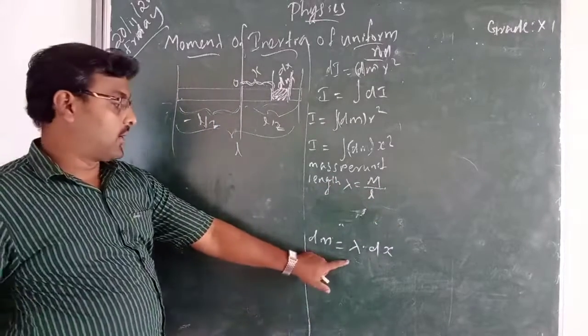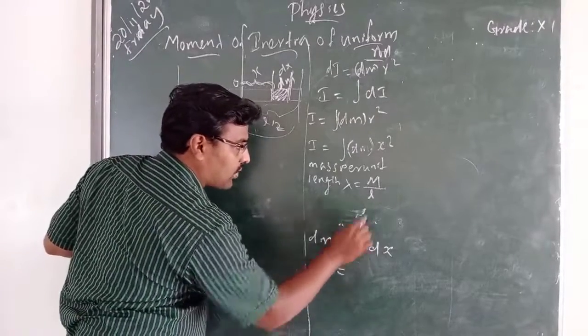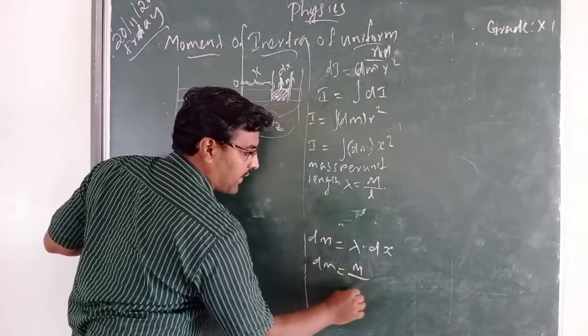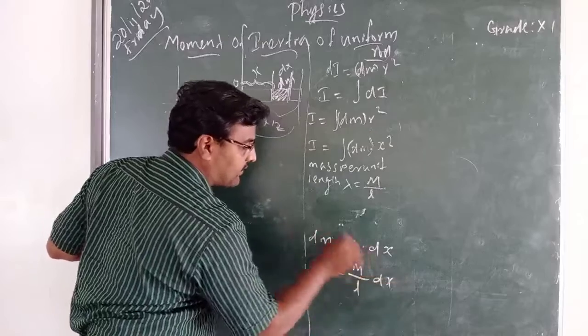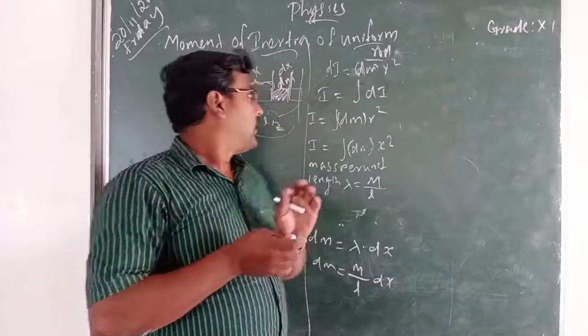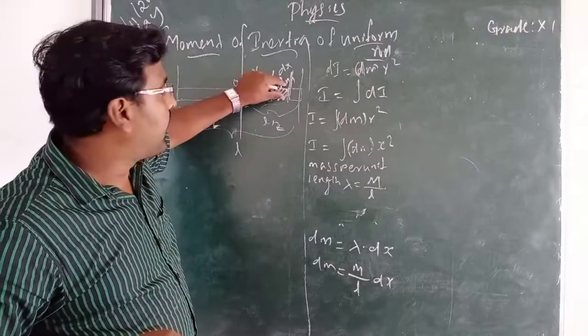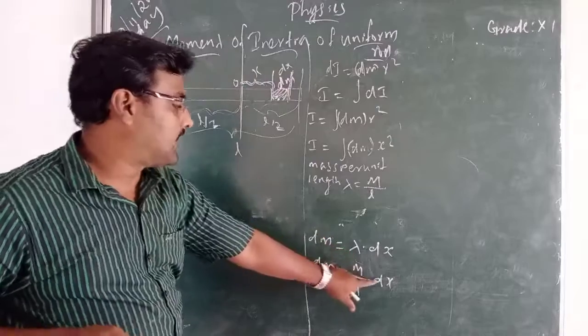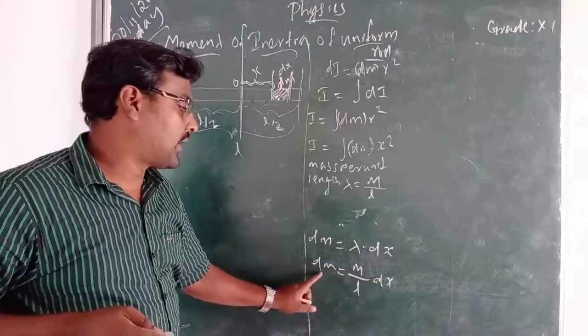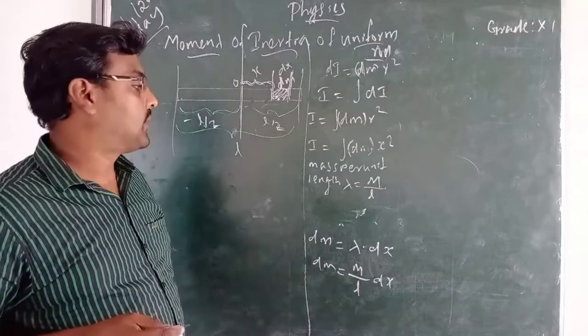So dm is equal to M by L dx. That is the mass per unit length for a certain distance: from this rod we choose a small mass dm whose length is dx.